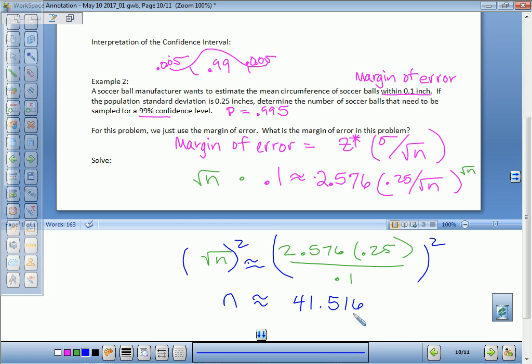Did you get the same thing? 41.516? Okay, I'll check yours in a second. So how many balls do they need to sample to assure 99%? 42. We can't round down because that wouldn't take us all the way to 99%. So we'd have to sample 42 balls to assure a 99% confidence level that all the balls were within 0.1 inch.